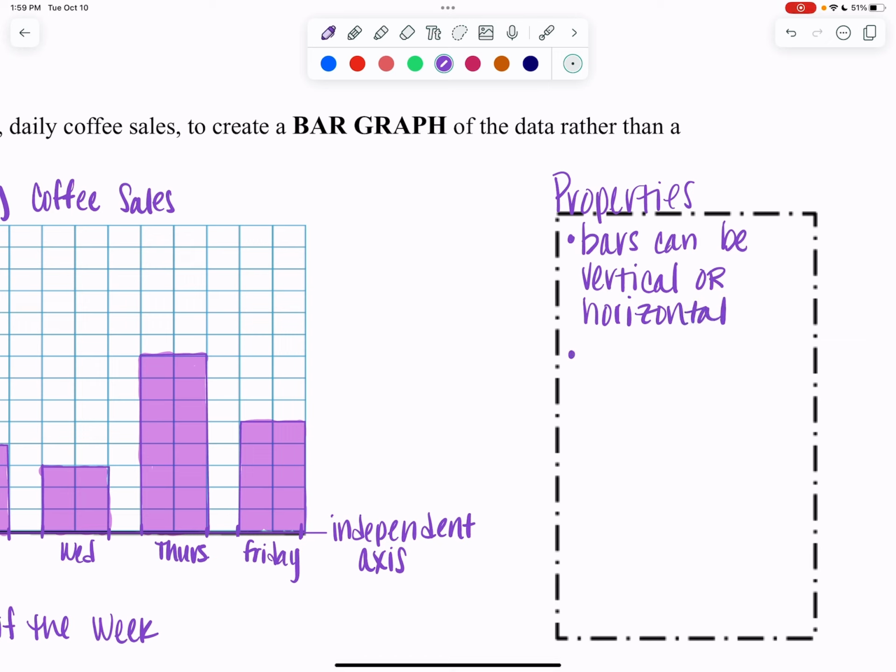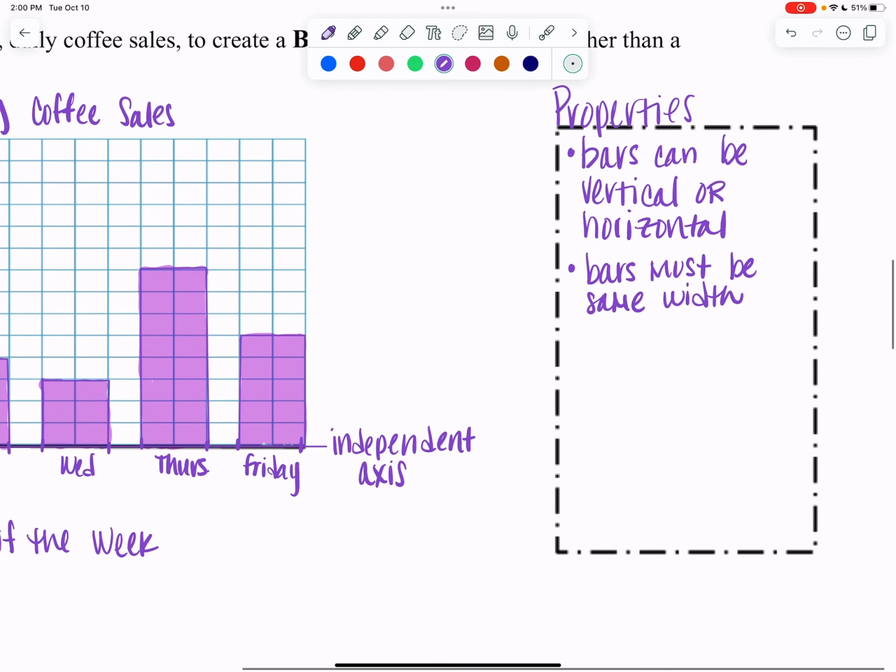The thing you have to make sure they are is the same width. We want things to be nice and neat. We don't want to mislead anyone, so we want them to be the same width. And then the height of the bar represents the number of things in each category.